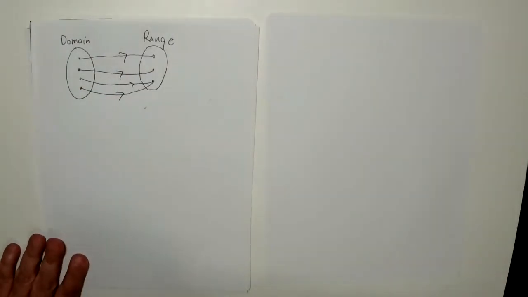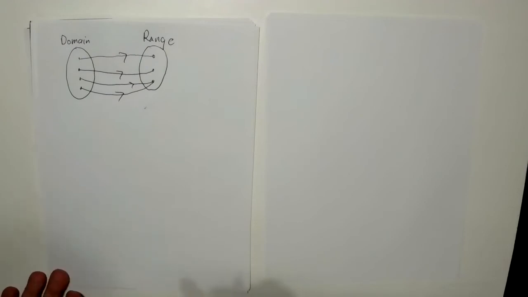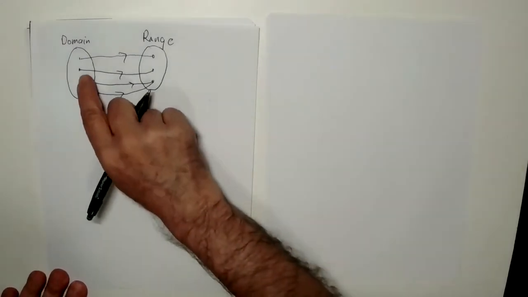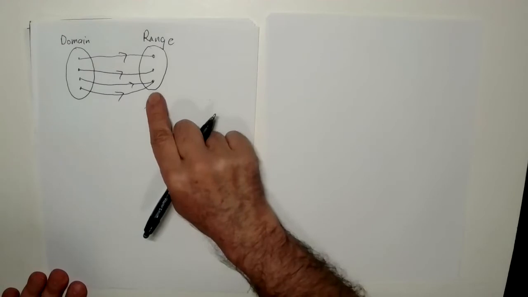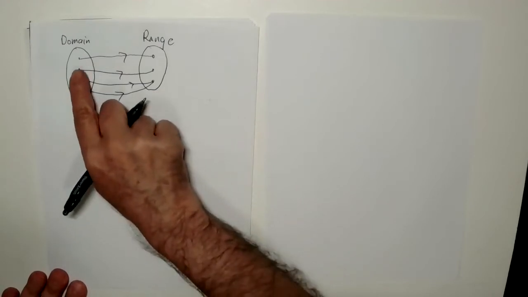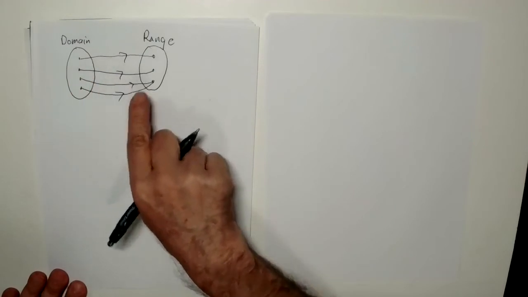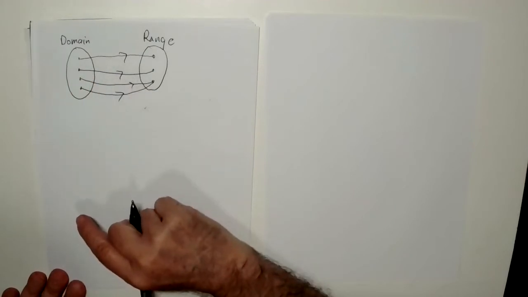Now, notice that these two inputs give you the same output. That's perfectly fine for a function. What you can't have, however, is a single input giving you two outputs. That's not allowed.